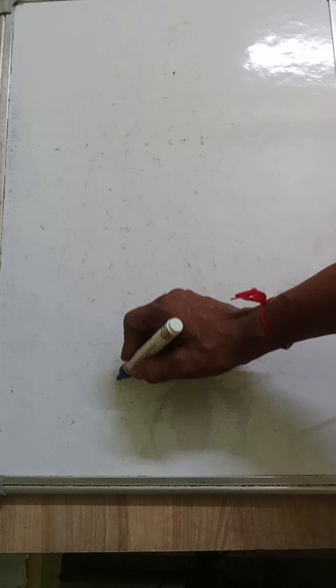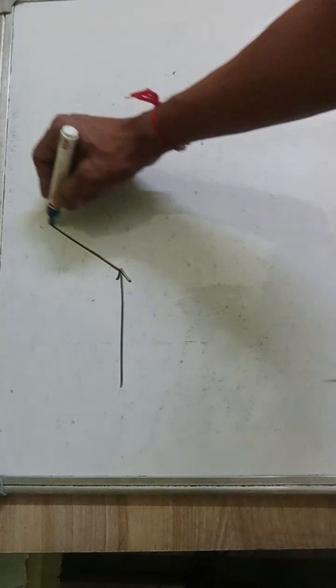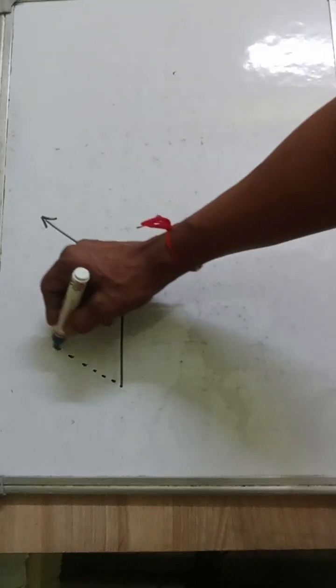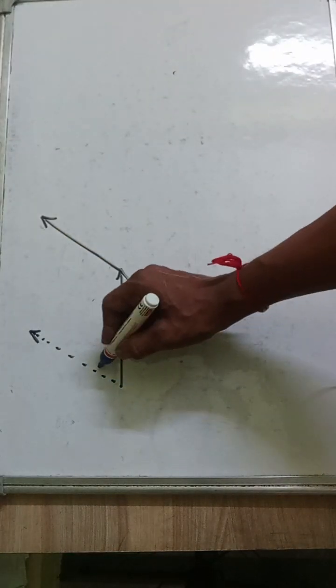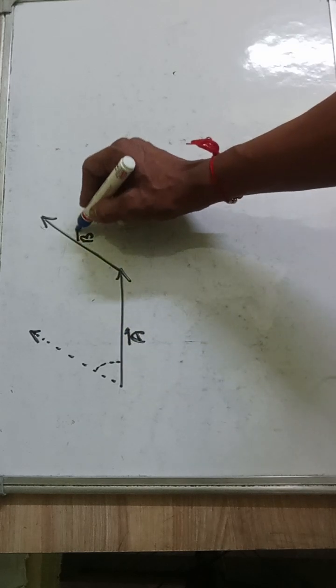Let us now draw these two vectors, vector A and vector B. Suppose this was our vector B. The angle between A and B was theta.